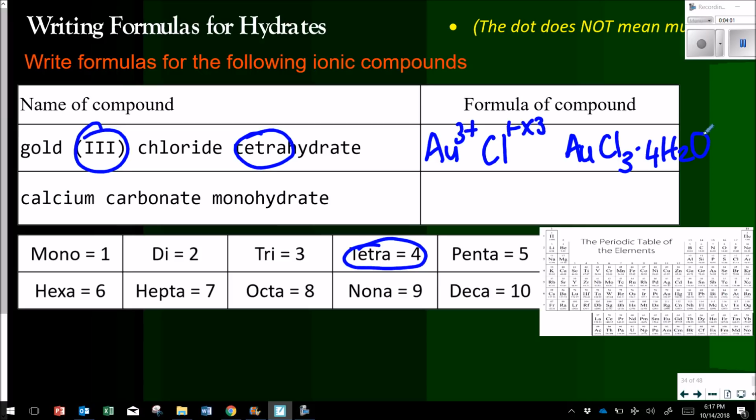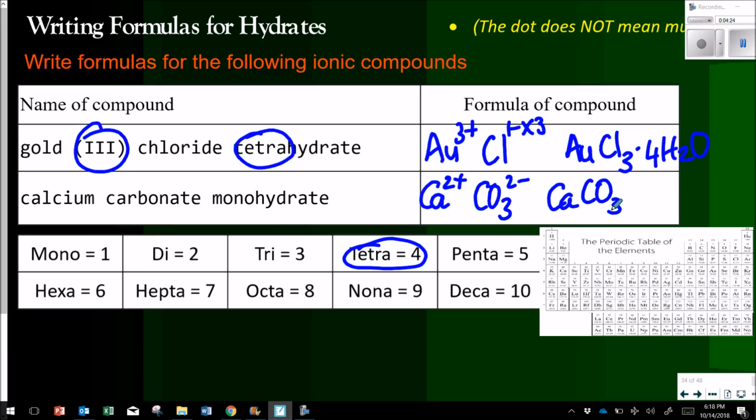4H2O. Calcium carbonate monohydrate. Calcium is Ca with a charge of 2 plus. Carbonate is CO3 with a -2 charge. So the charges balance, and we have CaCO3 for the formula.